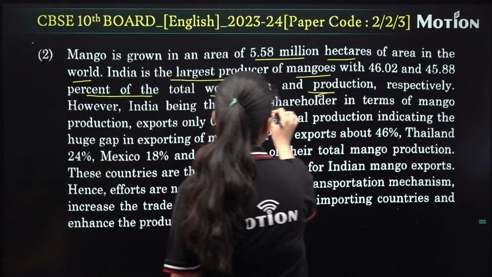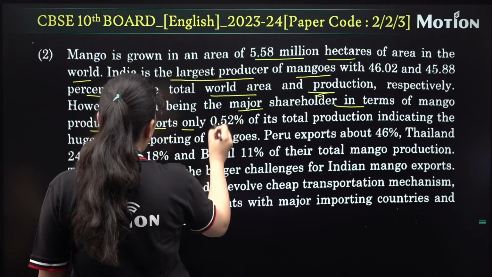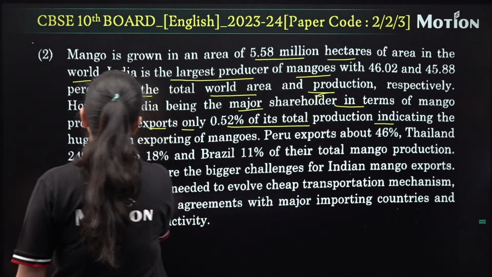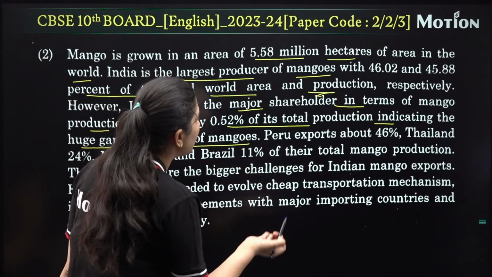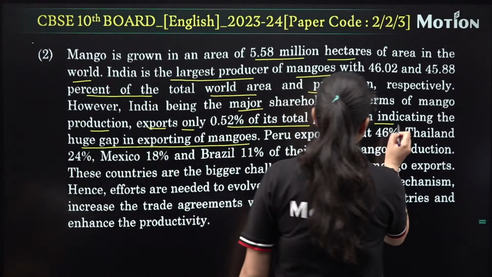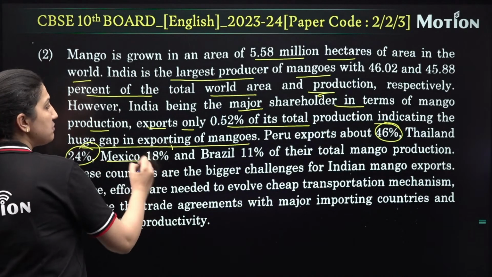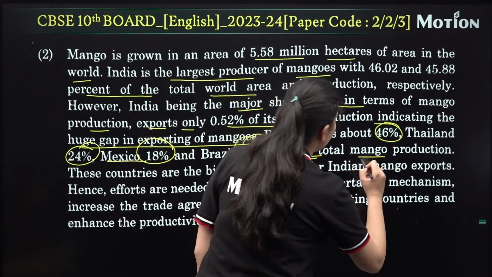India, being the major shareholder in terms of mango production, exports only 0.52% of its total production, indicating the huge gap in exporting of mangoes. Okay, export is less. Peru exports about 46%, Thailand 24%, Mexico 18%, Brazil 11% of their total mango production.